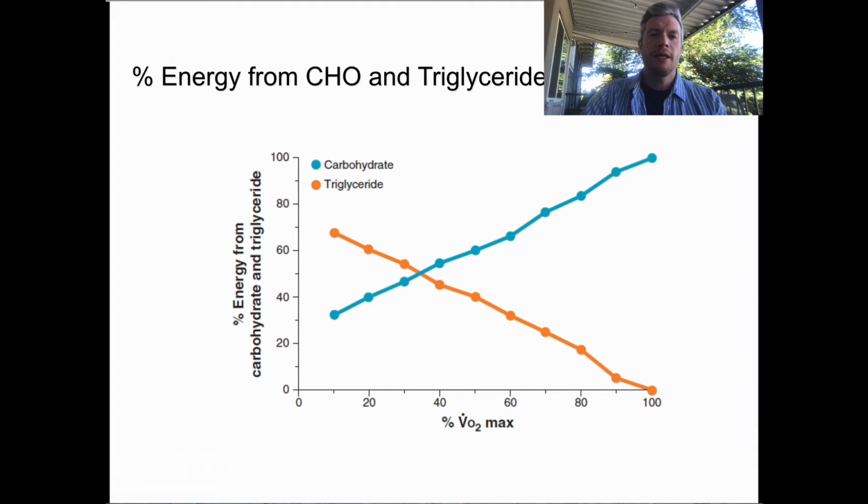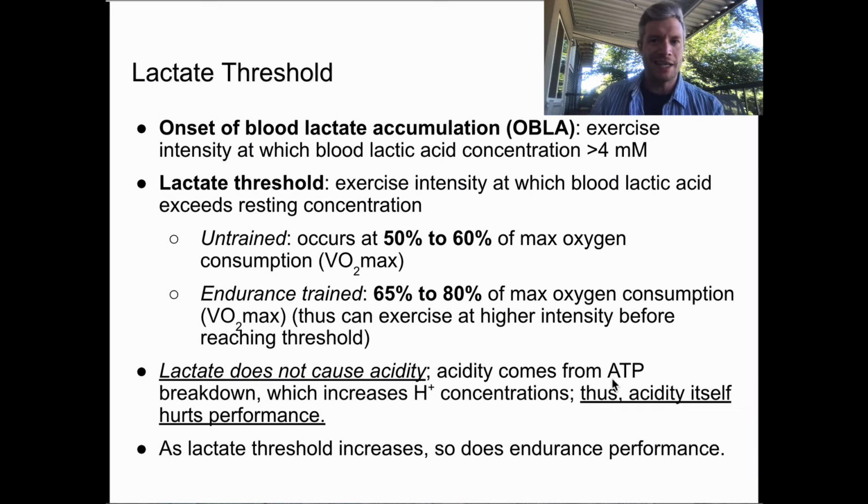Okay. Now, I find this leads nicely into a concept that's going to be really important for the next lecture, something called lactate threshold. This has to do with intensity levels. We're on the topic of intensity, and we're talking about how when we're maximally exercising, we need lots of carbohydrates, and this concept of VO2 max.